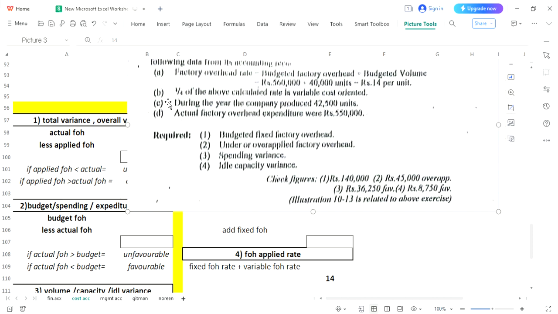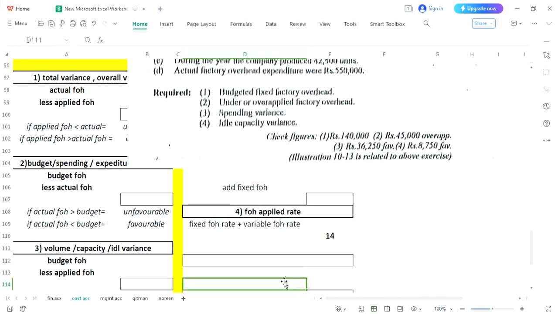At point B it has been said that 3/4 of the above calculated rate is variable cost oriented. That means this rate has fixed and variable parts, and it has been suggested that 3/4 is variable. So now it has become easier for us, because at 4A you were supposed to calculate your fixed FH rate.